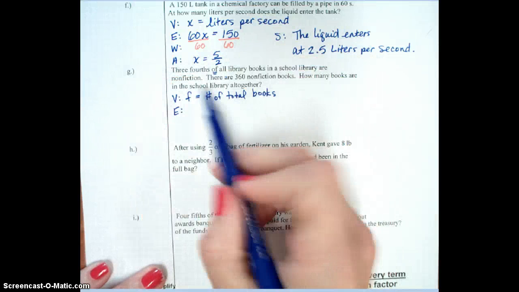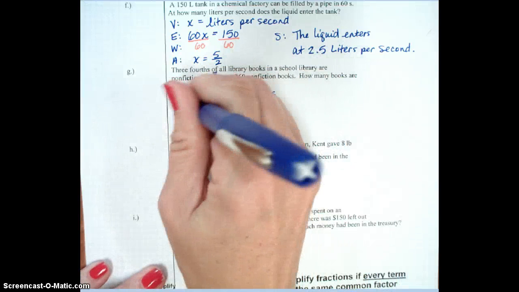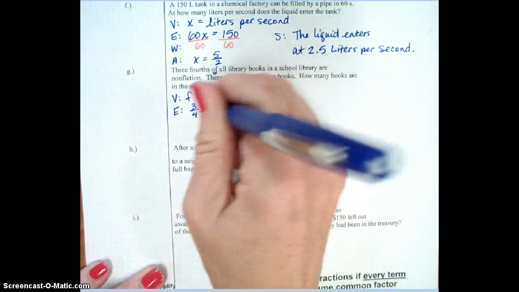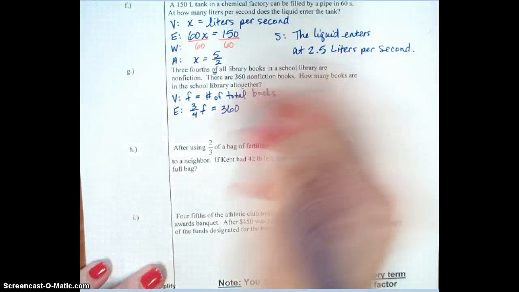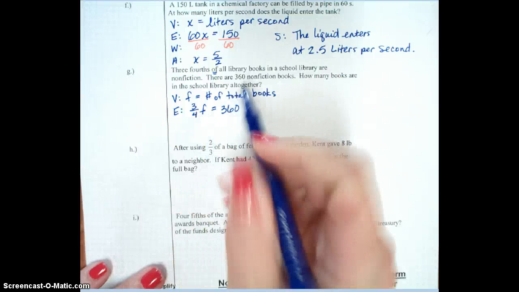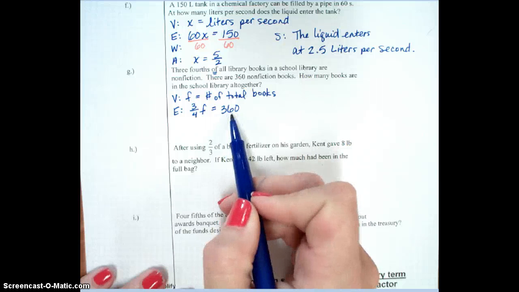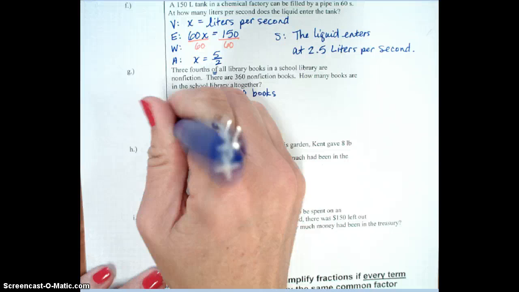I know that 3/4 of all the library books, so 3/4 times F, 3/4 of all of the books are nonfiction. And I know that there's 360 nonfiction books. Okay, so I'm going to show my work.